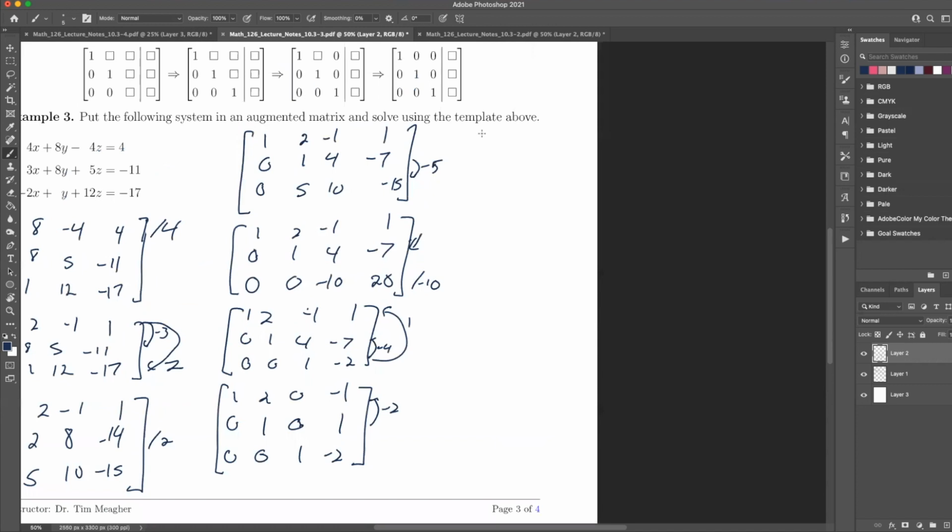We'll have our final one, which will be 1, 0, 0, -3, 0, 1, 0, 1, 0, 0, -3, 1, -2. That's our answer here.